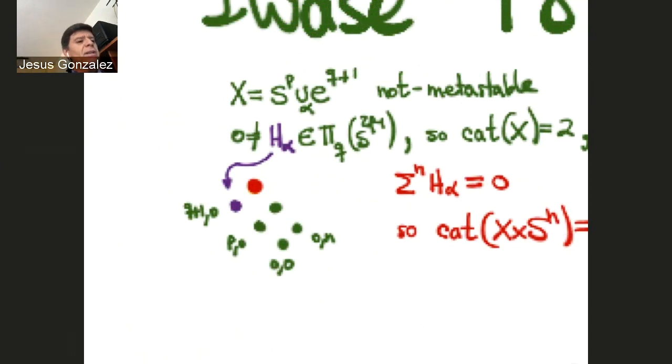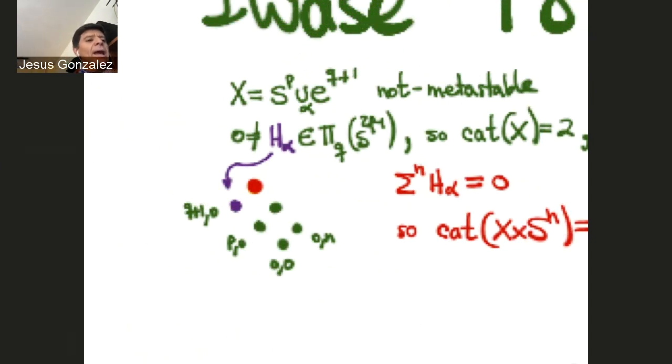So what happens is that if you think of X cross a sphere, then in this picture of dots, on the slanted line going to the left, I'm thinking of the cell structure of X, namely it has a cell in dimension 0, one in dimension P, and one in dimension Q plus 1. Then I cross it with the cellular structure of the sphere, so I have this picture.